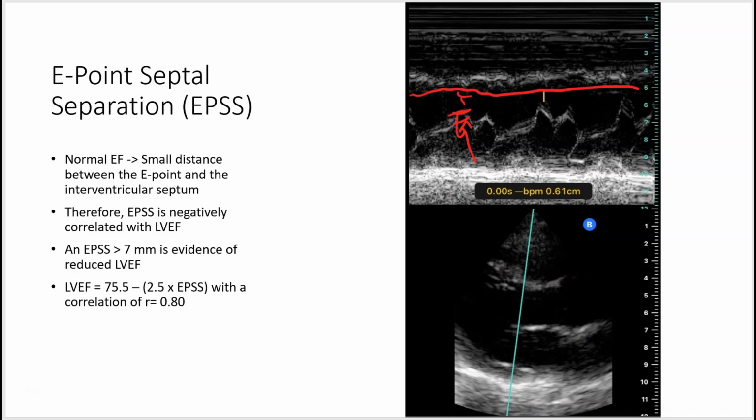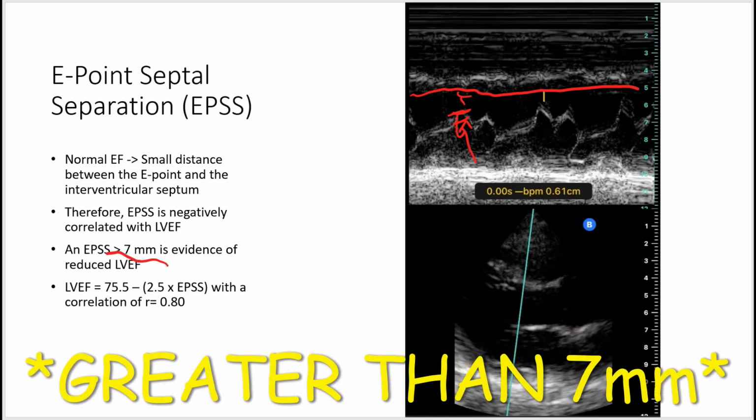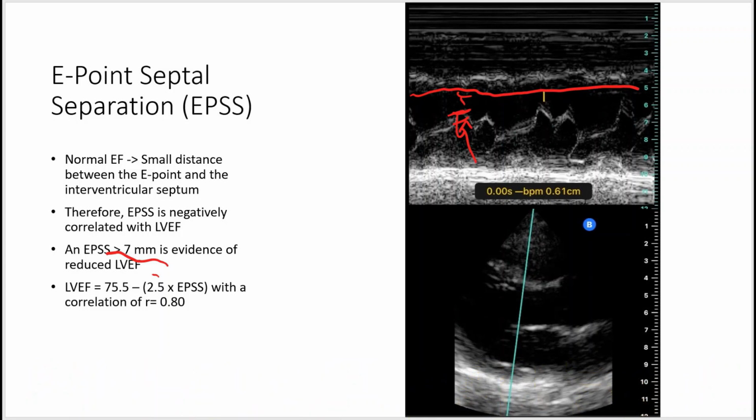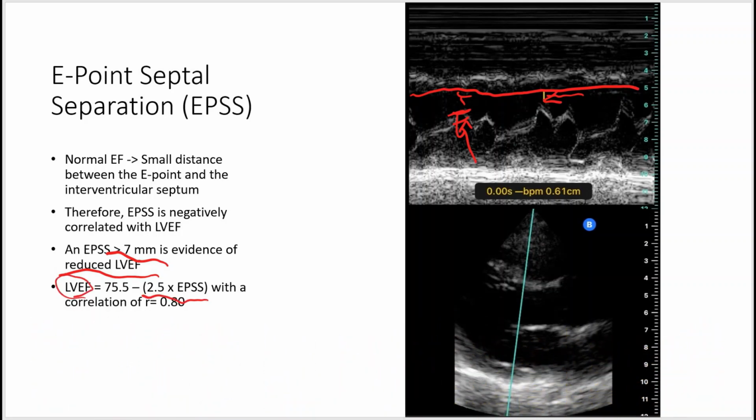So remember this distance. Therefore, EPSS is negatively correlated with LVEF. An EPSS of greater than 7 millimeters is evidence of reduced ejection fraction. EPSS can be used with this formula to estimate the ejection fraction.